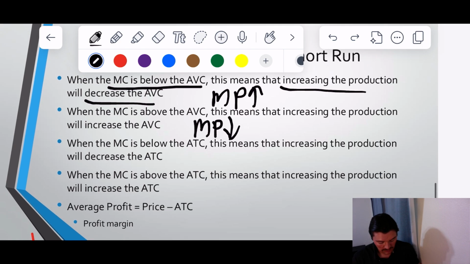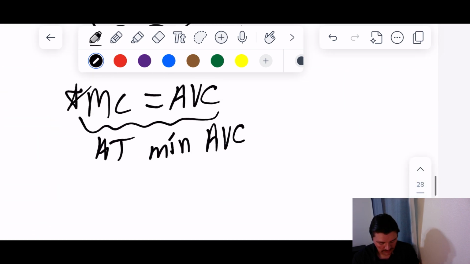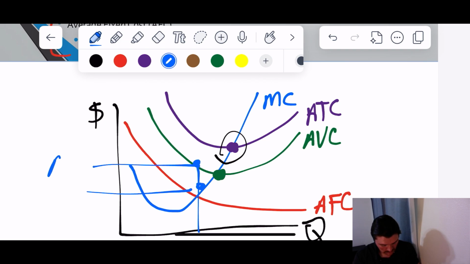All right, the same thing happens with the ATC. If the marginal cost is below the average total cost, then increasing production decreases that. But if marginal cost is above it, then increasing production increases the average total. And we can see that here because right here, see how the average variable is higher than the marginal cost at this quantity.